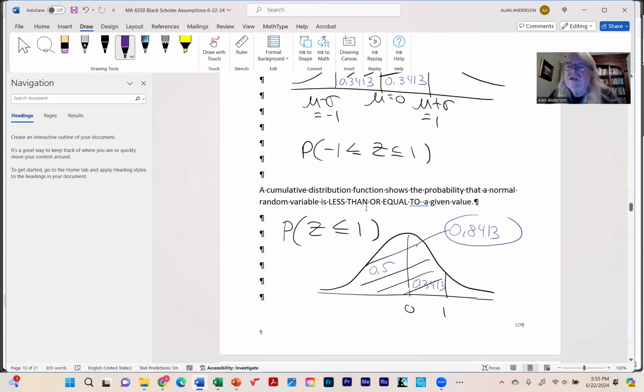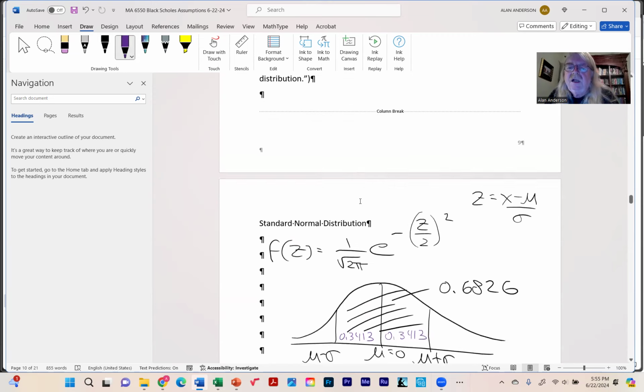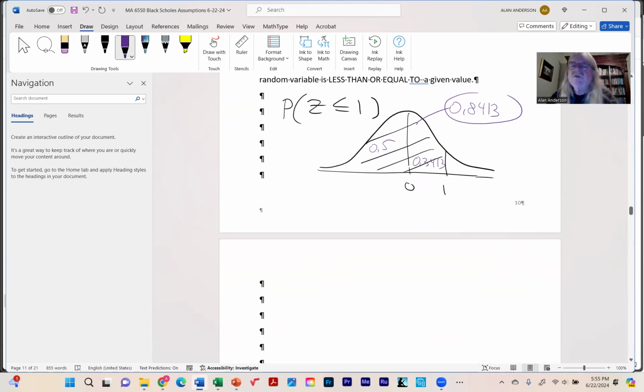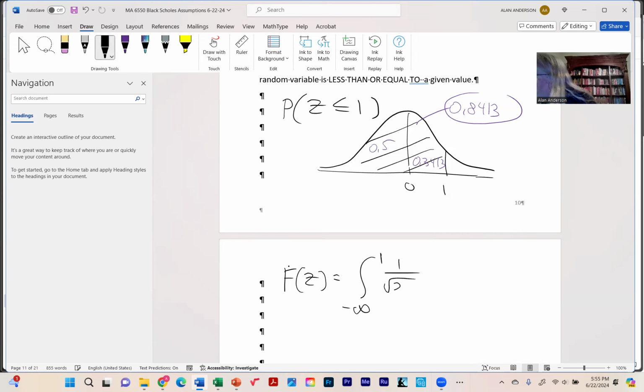There's a function that will calculate this directly for us, and it's usually written slightly differently. We start by using capital F to indicate this is the cumulative distribution function, which means it's a less than or equal to probability. What you're actually doing here is integrating that function from 1 down to negative infinity.